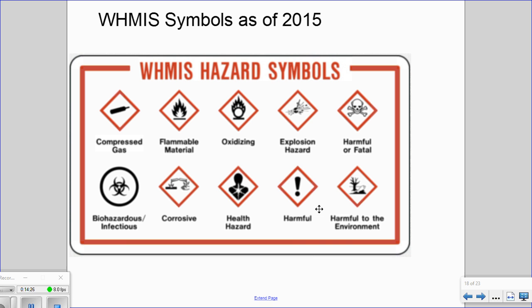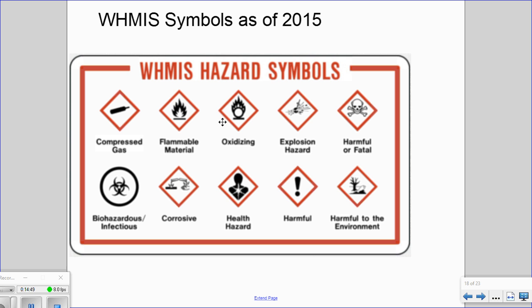There is the new one, the harmful to the environment symbol. And there is the explosion hazard symbol as well that has changed. Otherwise, all of them are pretty much the same as before and have the same meanings as well.